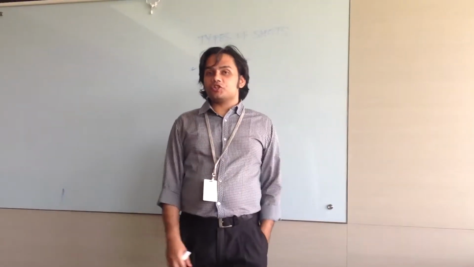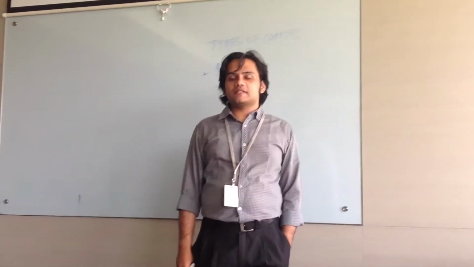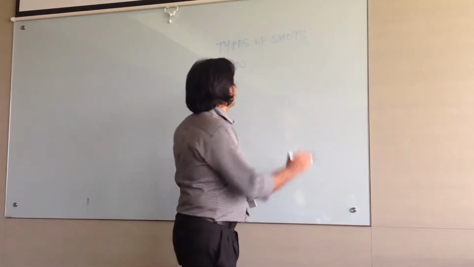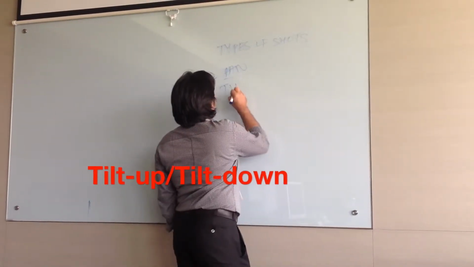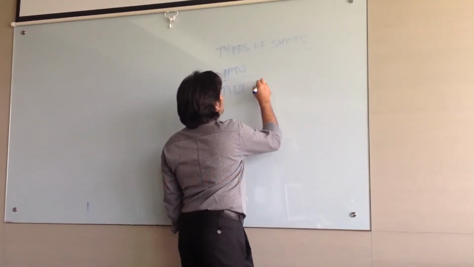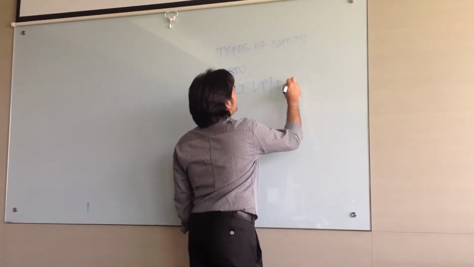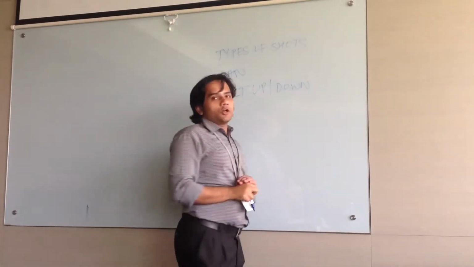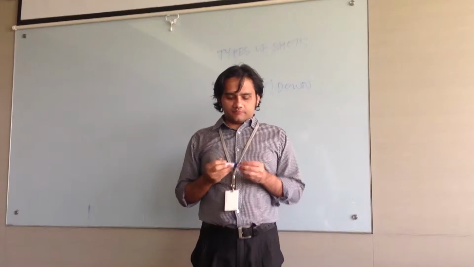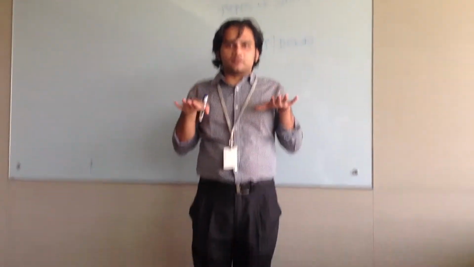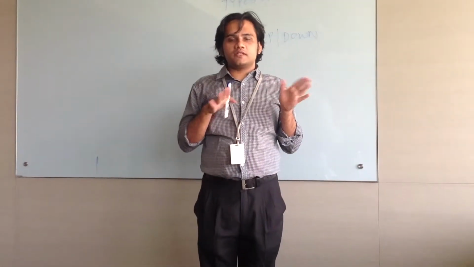Isn't this a familiar shot again from movies? This kind of shot is called a tilt up, tilt down shot. Basically it just means that the camera moves vertically. In a pan, it moves horizontally.